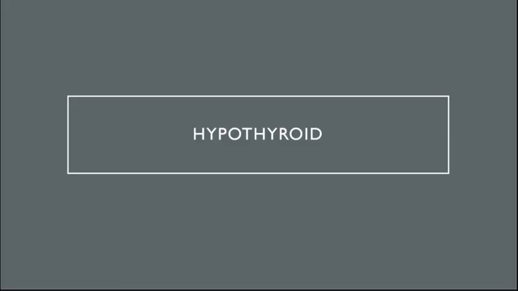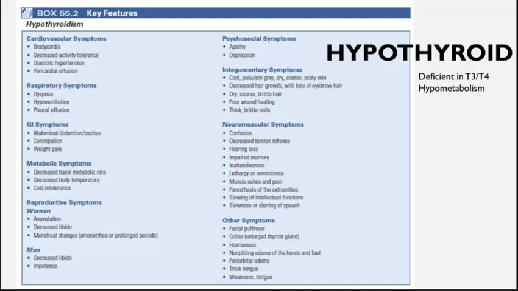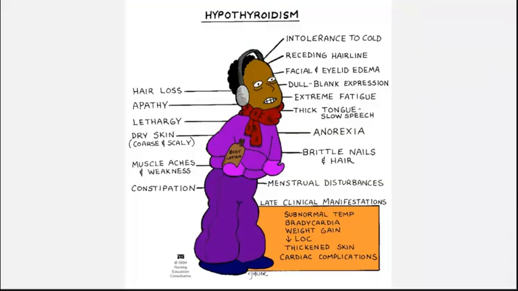So hypothyroid just means that we're deficient in T3, T4. Everything is severely slowed down. Big things that we look for are respiratory depression, bradycardia, and level of consciousness.